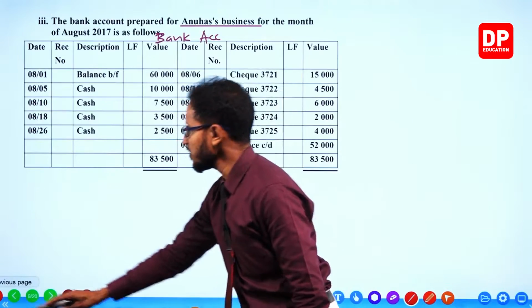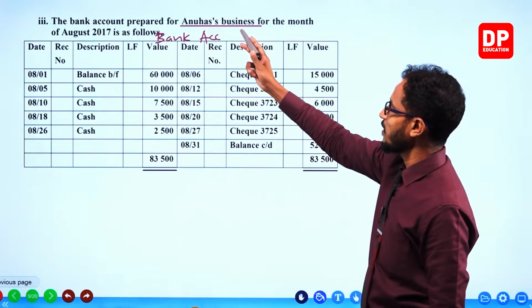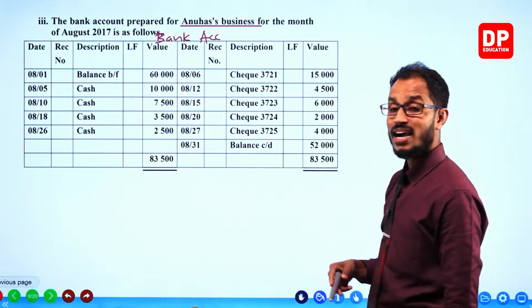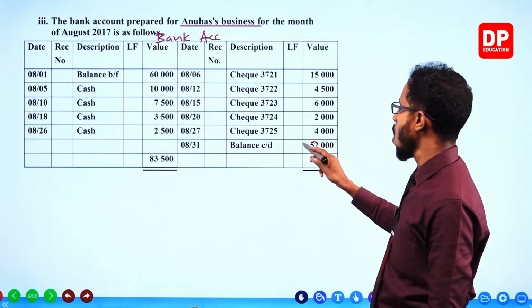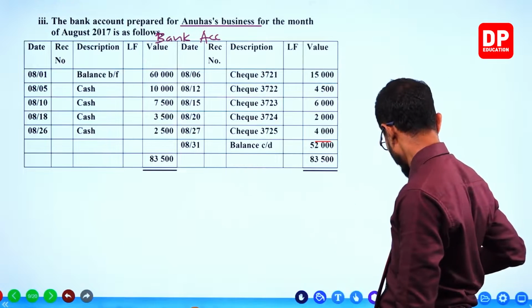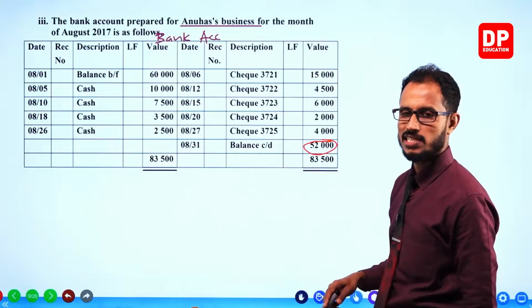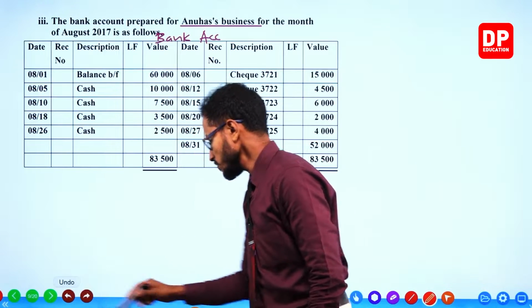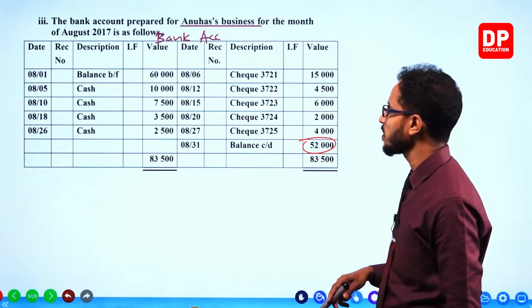Is it tallying with Anuhas's bank account final balance? No, it's not tallying. Can you see this?